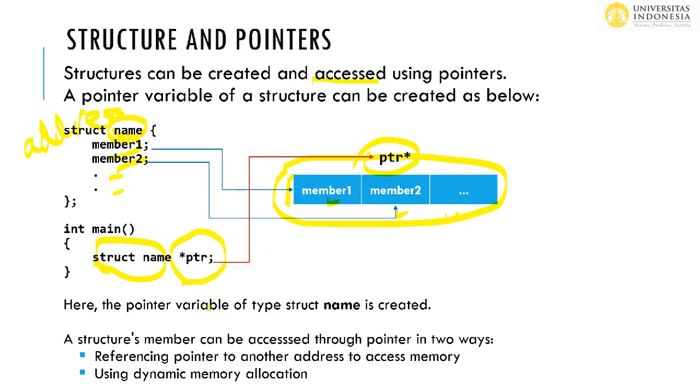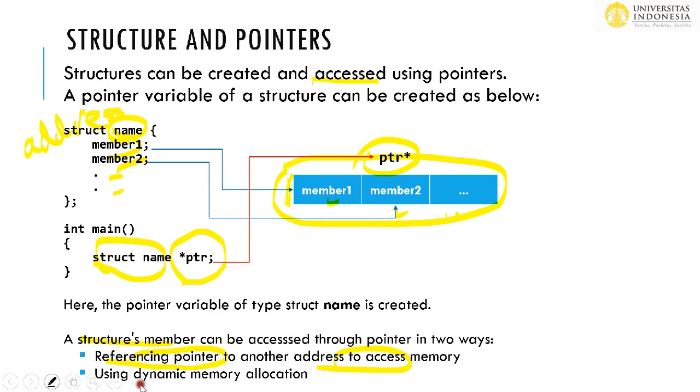Okay, so when you also deal with pointers, as you already learned before, the structure members also can be accessed by referencing a pointer to another address to access the memory, using call by reference.